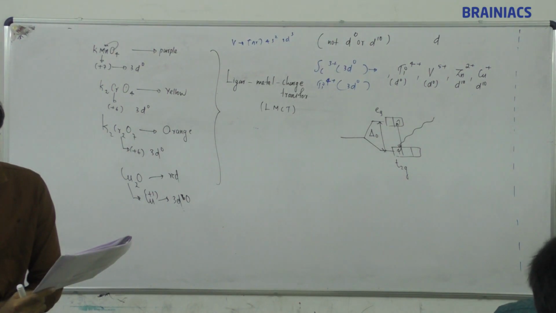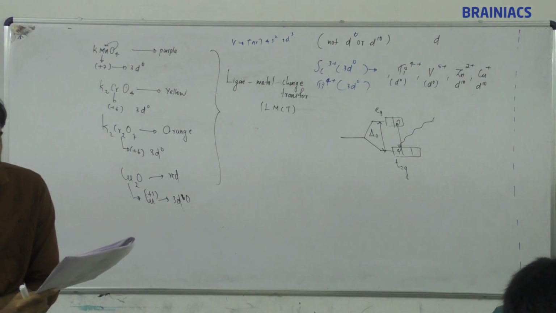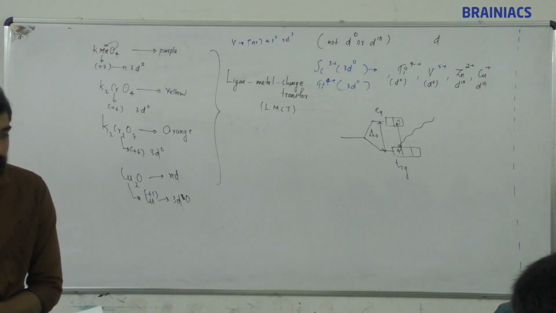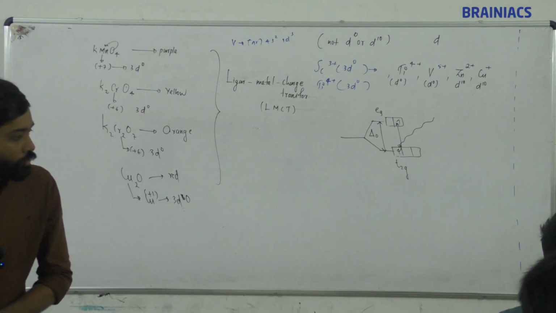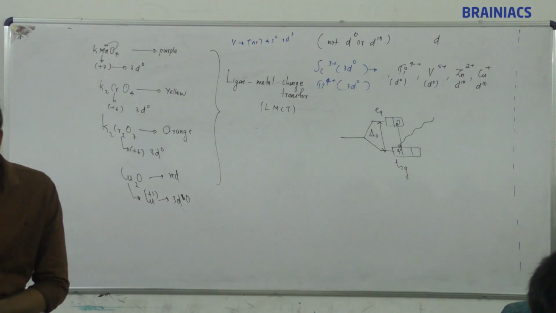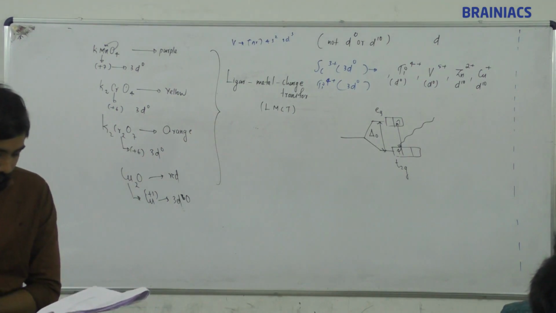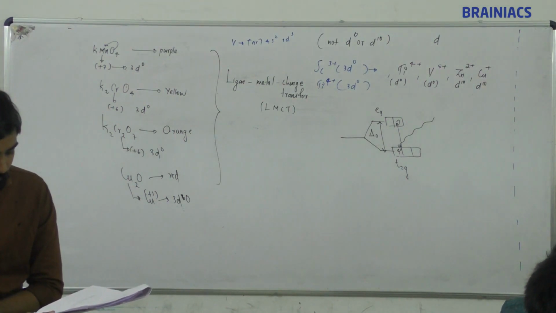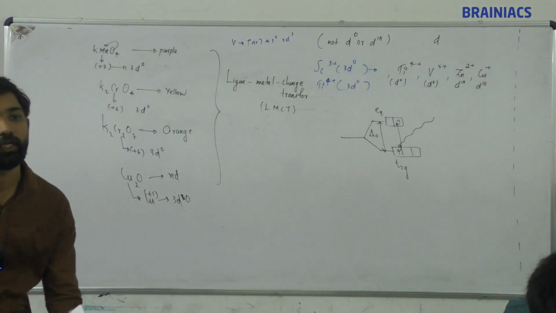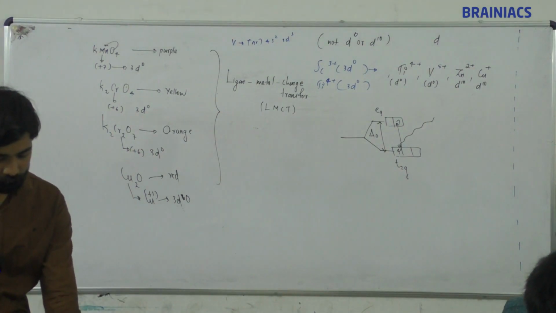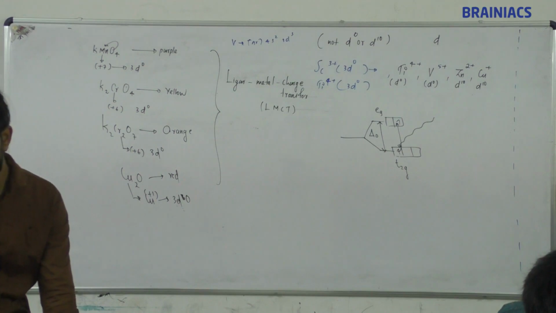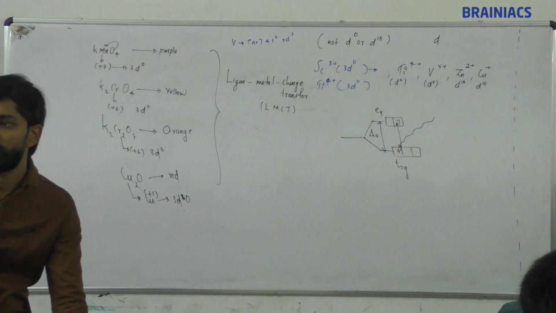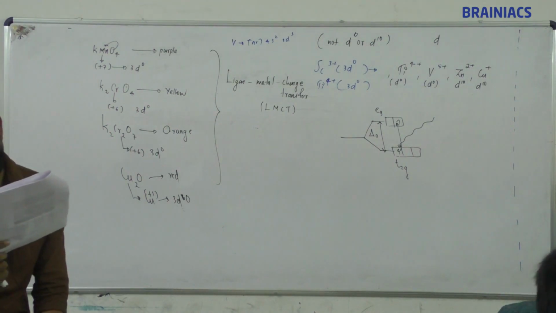Co3+, 3d6, blue. Co2+, configuration 3d7, pink. Ni2+, 3d8, green. Cu2+, 3d9, blue. Zn2+, 3d10, colorless.